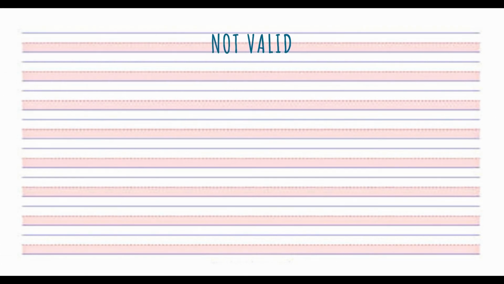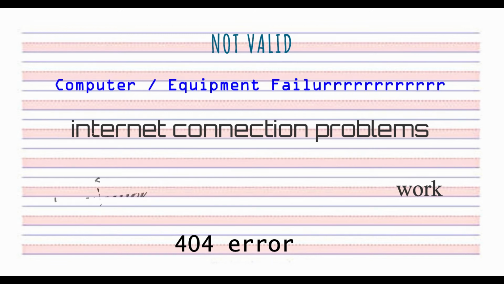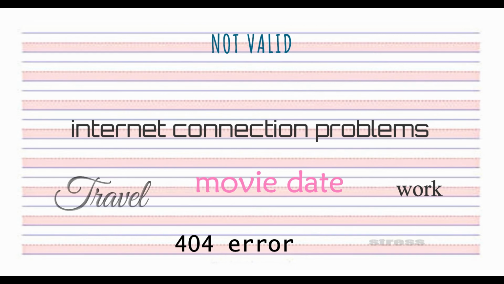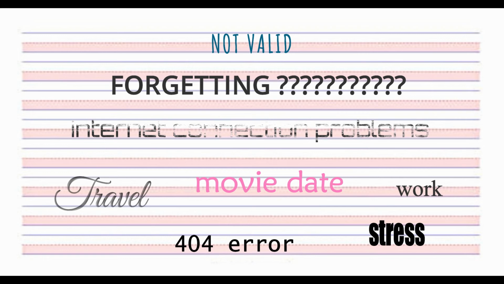You are not excused if you had work, you experienced sudden loss of internet connectivity, unverified website errors, computer equipment failure, you had to travel, you had non-critical personal commitments, emotional problems not supported by medical evidence, and if you forgot. No, seriously, it's not a valid reason. I don't know why people still try to use this as a valid excuse.